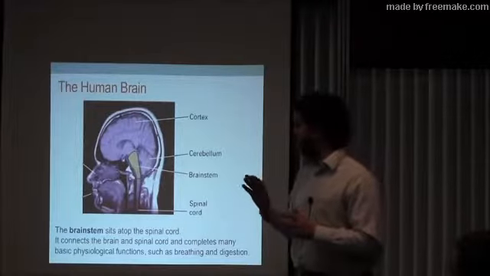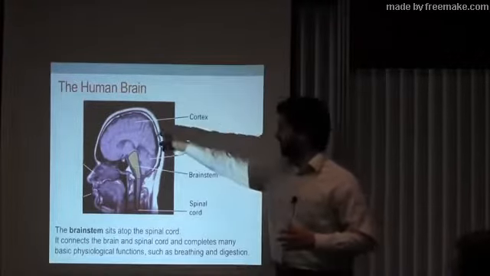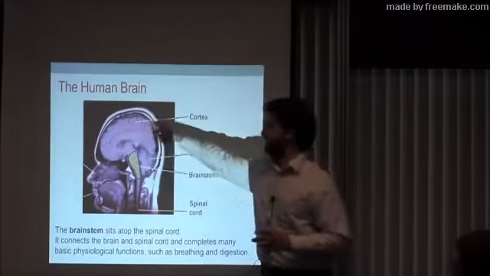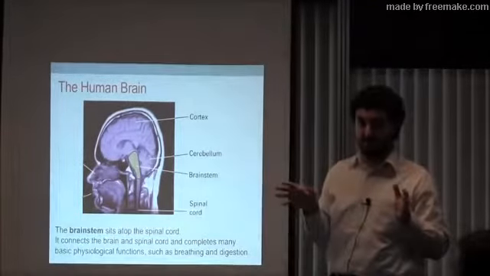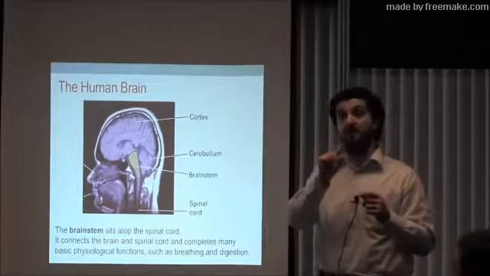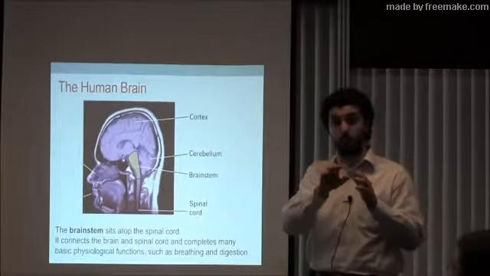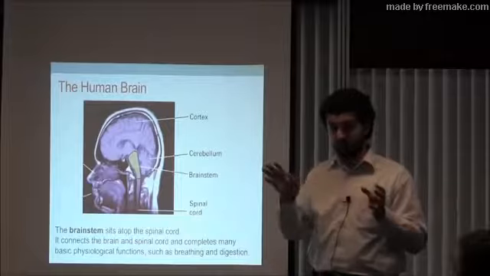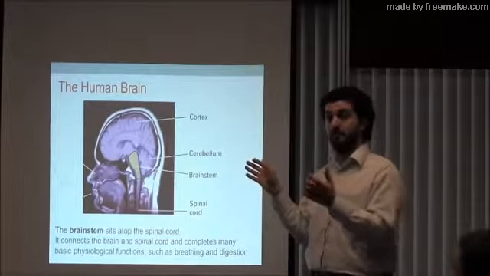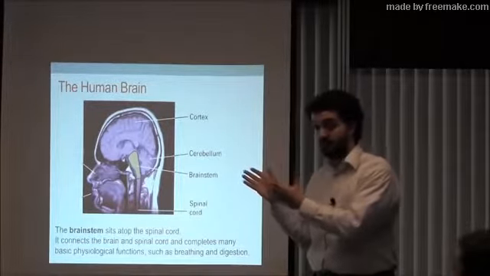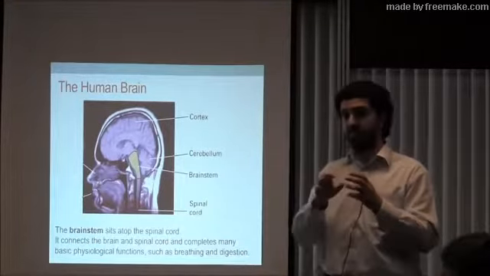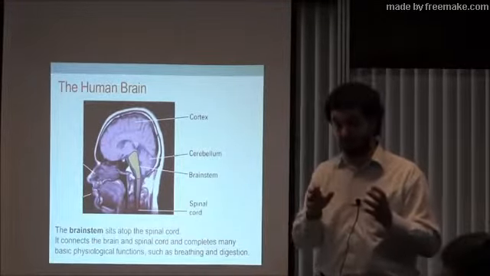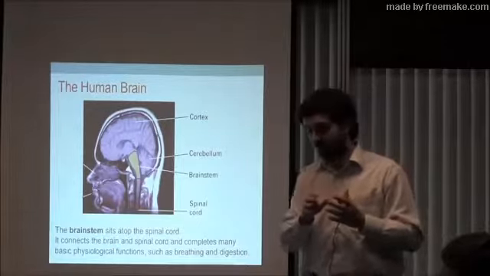This part here is called the cortex, and you can see it extends to the front, to the back, to the sides. It's a very thin layer that is only the cover of the brain as an organ, and constitutes the major processing part in the brain.